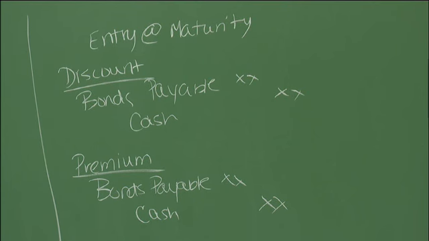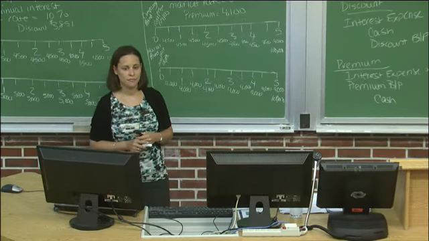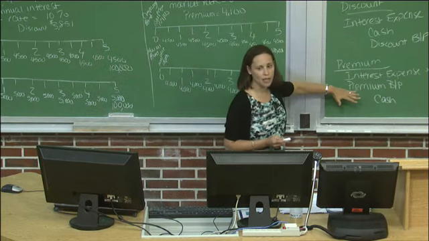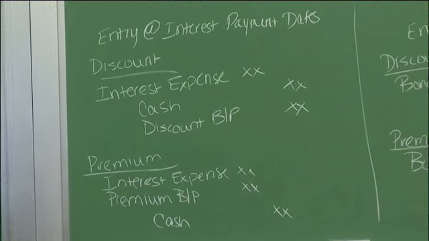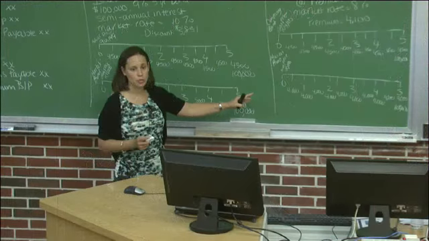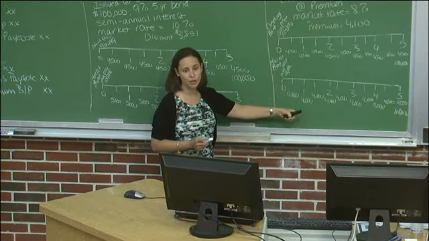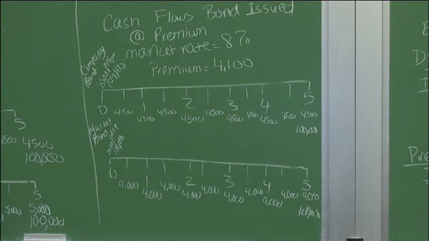Why don't we need to have a discount or premium in that entry? Because it's gone. At the end of your bond term, after you've recorded all your interest, again, why do we have this discount or premium? We have the discount or premium because the amount of interest that we're paying is different than what the market bond would pay.